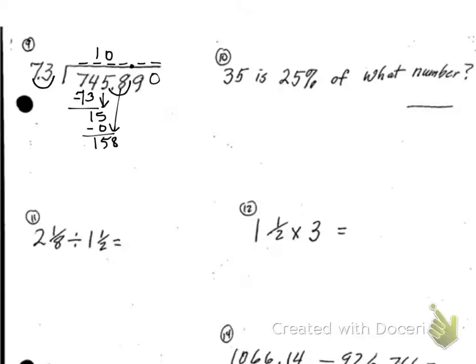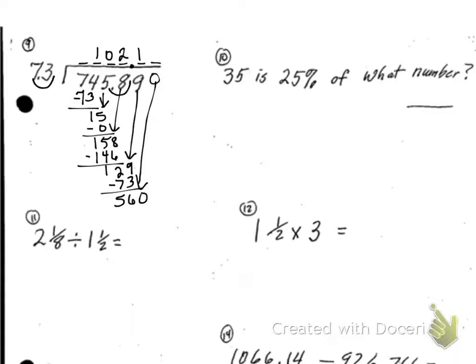73 into 158, maybe twice. When I multiply, I get 146. When I subtract, I get 12. Drop your 9. 1 time, which is 73. When I subtract, I get 56.